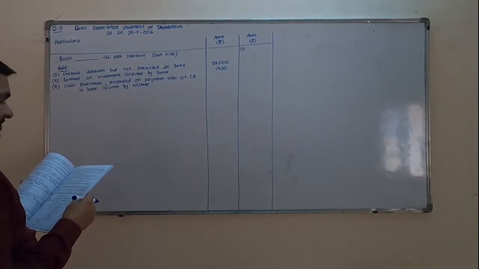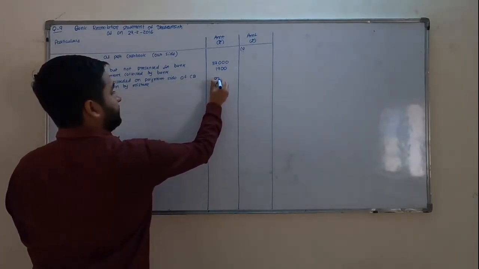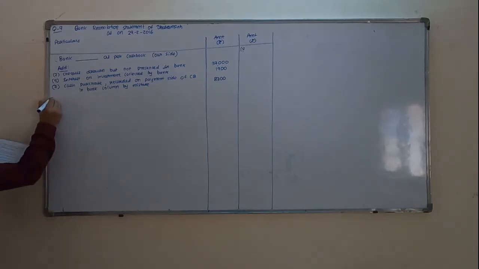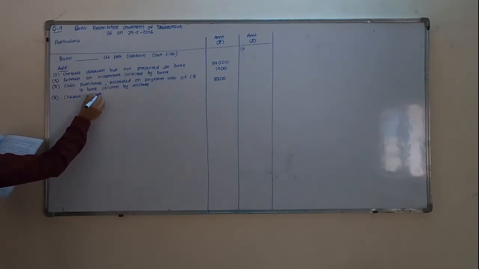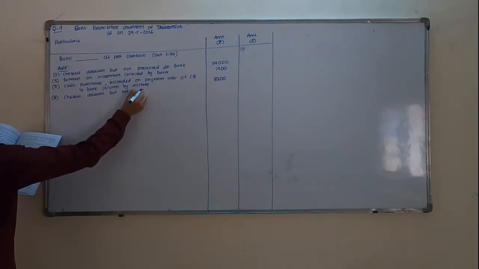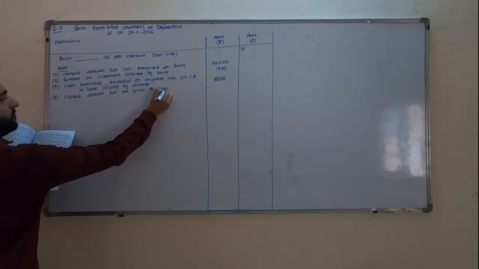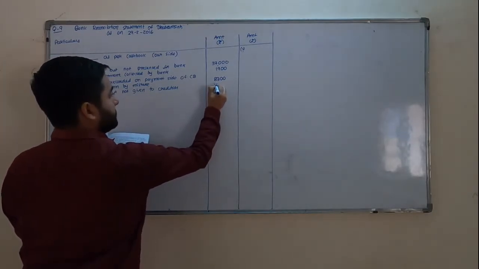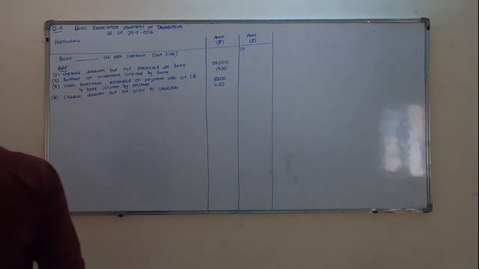Amount is 8,300. Next transaction to add is number 8. Check drawn but not given to creditor, 4160.